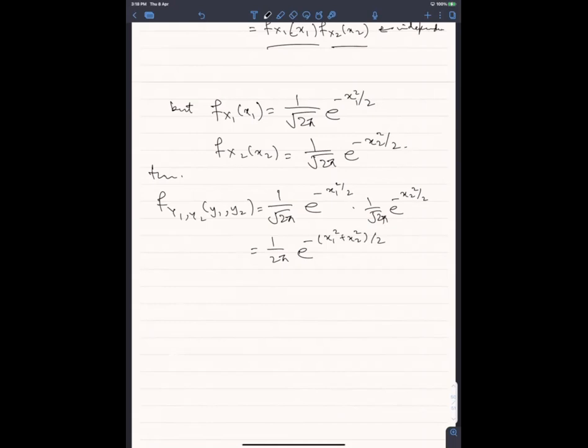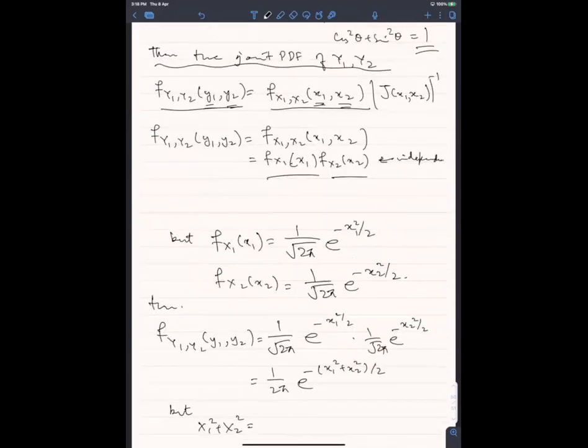Okay. But x1 square plus x2 square is equal to x1 square plus x2 square.